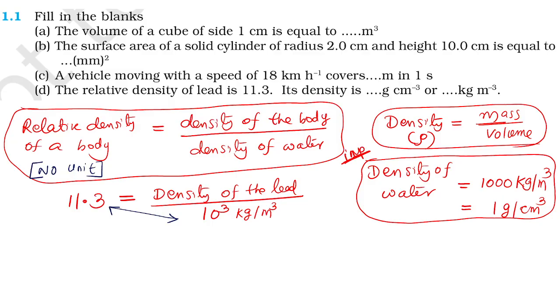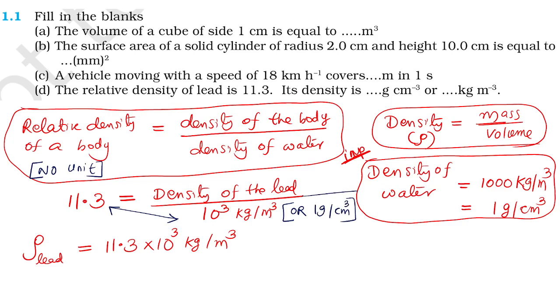So density of lead, let me use some symbol like this. Density is denoted by rho. Density of lead. Do the cross multiplication. 11.3 into 10 raised to 3 kilogram per meter cube. But in fact, the denominator can be 1 gram per centimeter cube also.